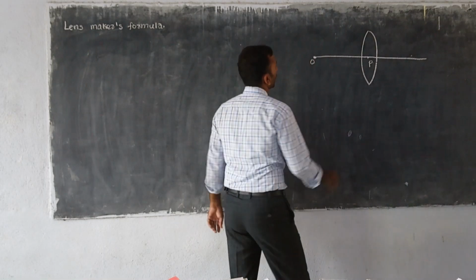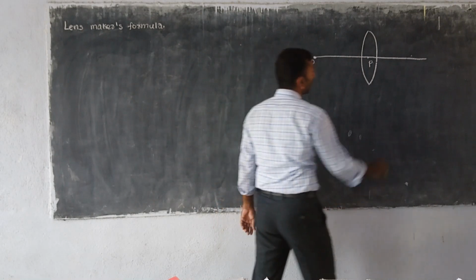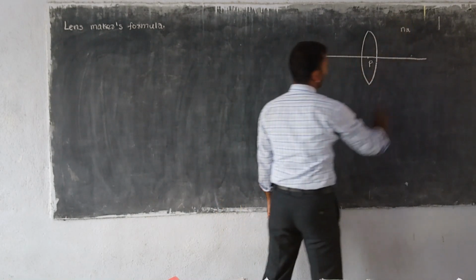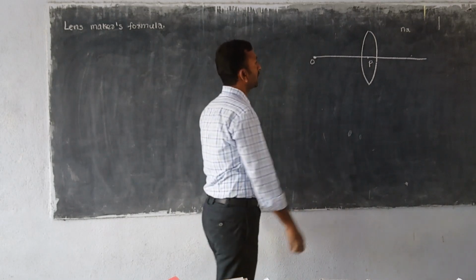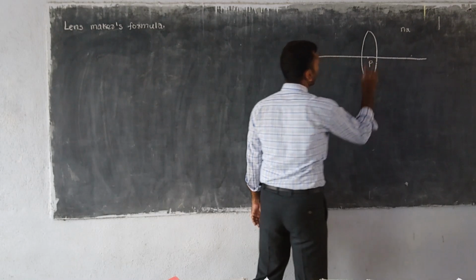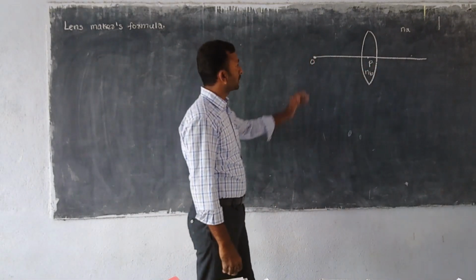So where did we keep the lens? In air, and the refractive index of air is Na, and the refractive index of the lens is Nb.